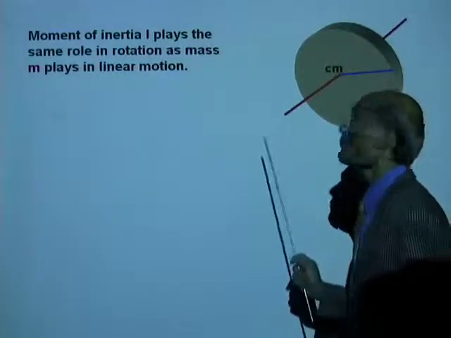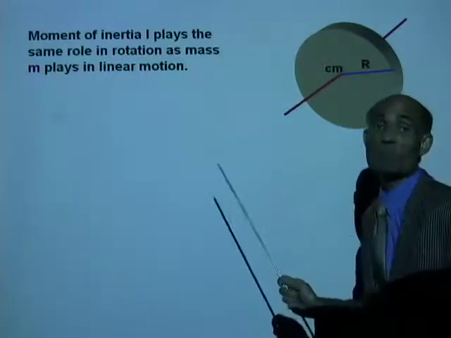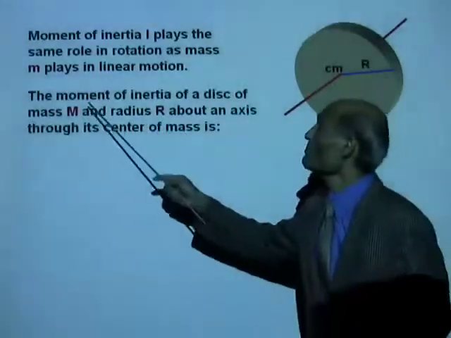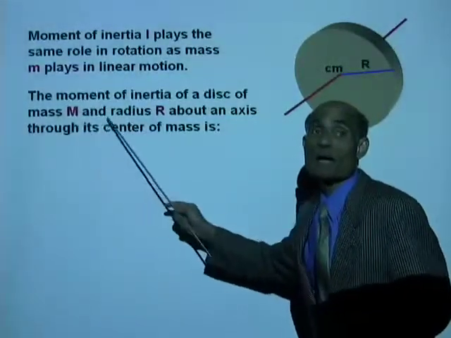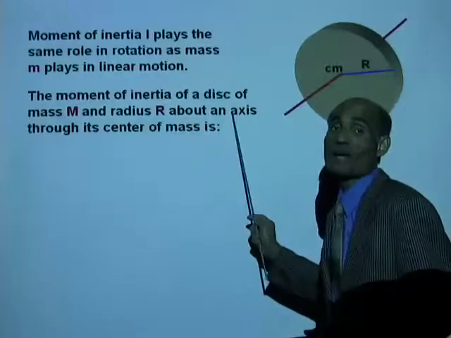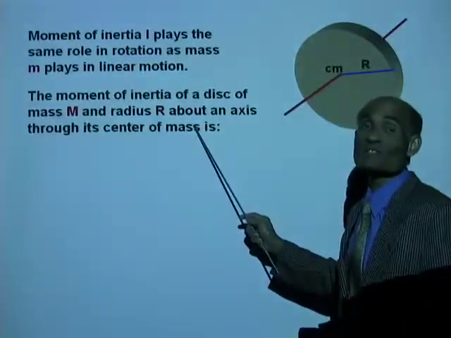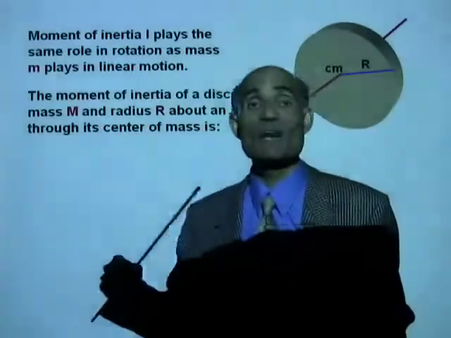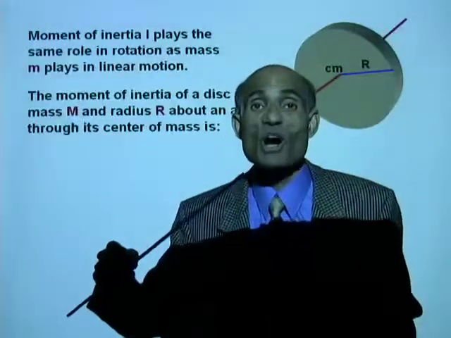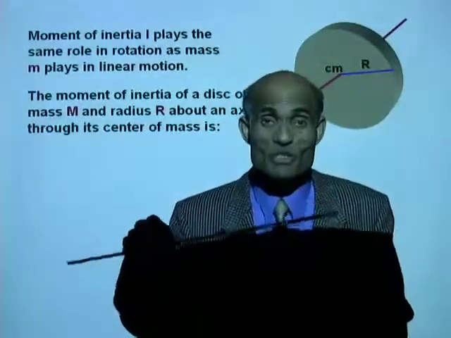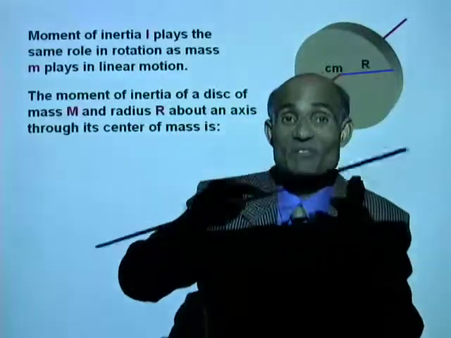This CM stands for the center of mass. It has a radius r and a mass m. The formulae I'm going to give you now are all the moment of inertia of regular objects about an axis that passes through their center of mass.